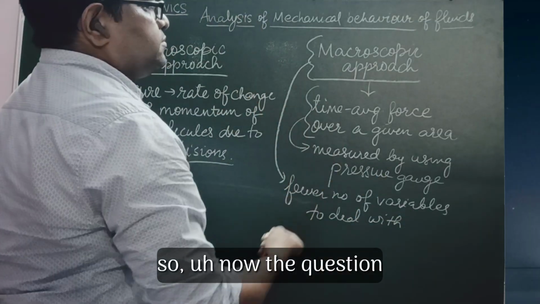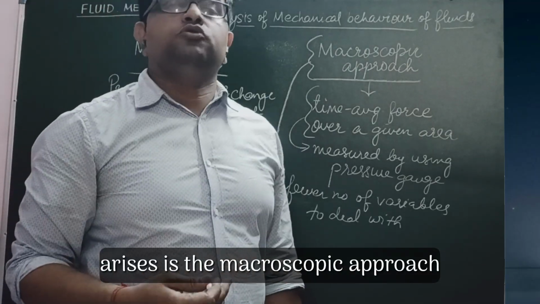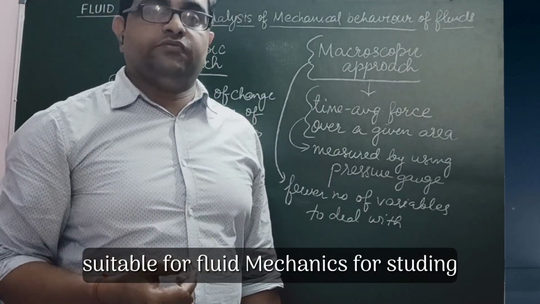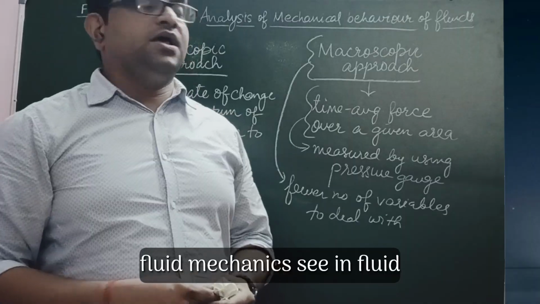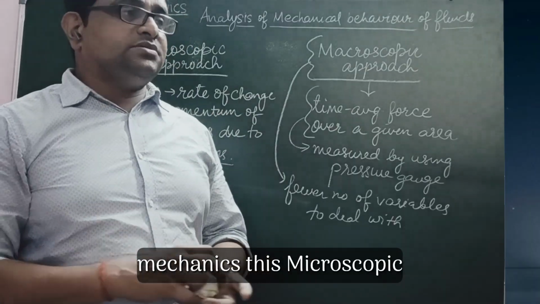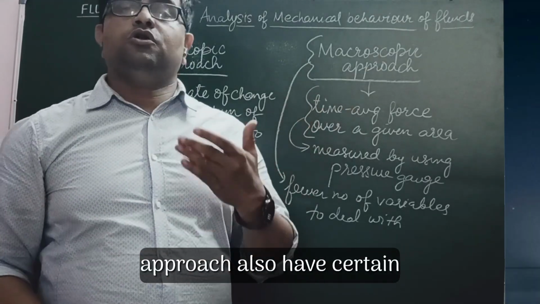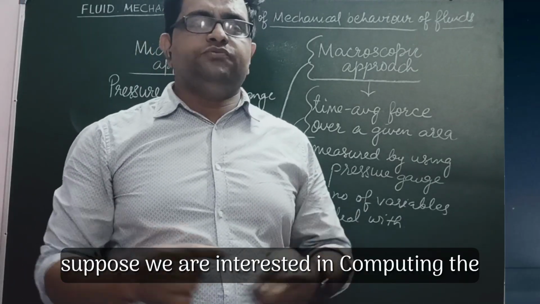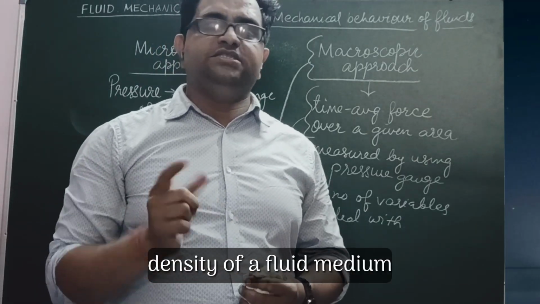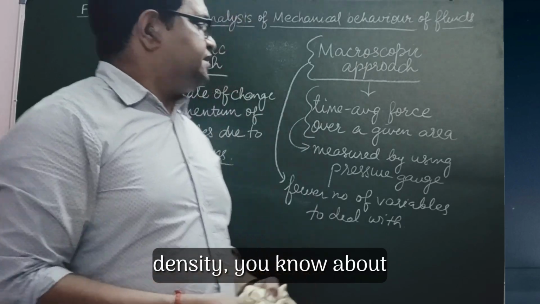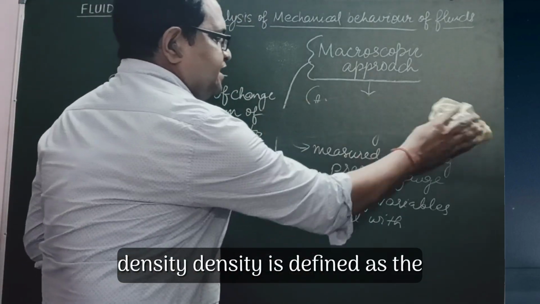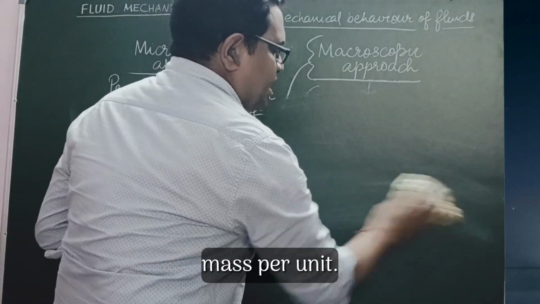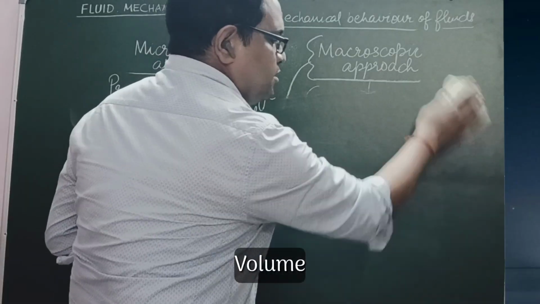So now the question arises, is the macroscopic approach suitable for studying fluid mechanics? See, in fluid mechanics, this macroscopic approach also has certain constraints. Suppose we are interested in computing the density of a fluid medium. Density is defined as the mass per unit volume.